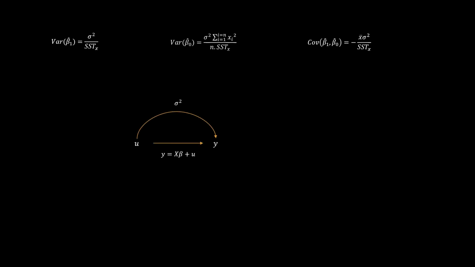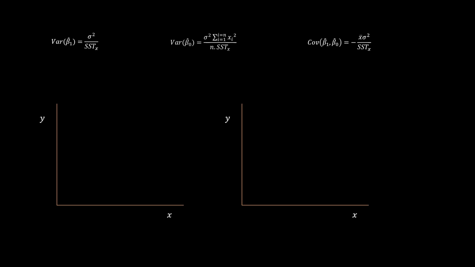Then y got affected with the same uncertainty, sigma square. Then the parameter estimates got hit. Although not with the same severity, there is a compression in uncertainty on the parameters, thanks to the OLS estimator. But is it the best compression possible? We will see that in a little bit.